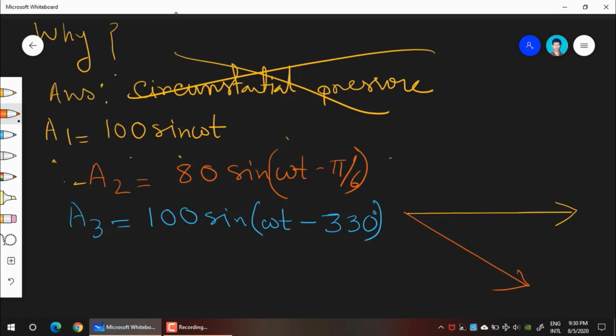This angle may be somewhat greater than 30 degree, but please understand that this line is the representative phasor for the signal 80 sine omega t minus pi by 6.